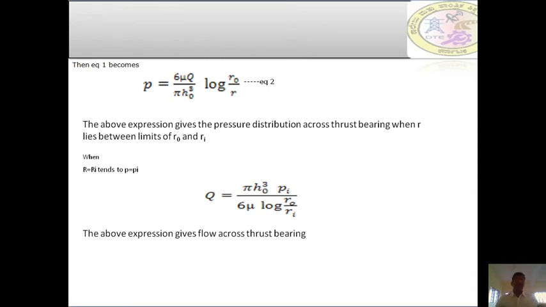This above expression gives the flow across the thrust bearing. See, this is the flow across a hydrostatic bearing because it is an externally pressurized bearing. Hence, from the above equation you can see q is directly proportional to pi. It means as q increases, the supply also increases.